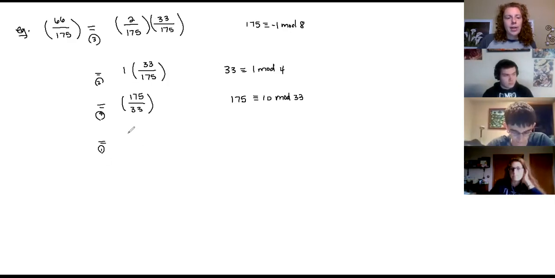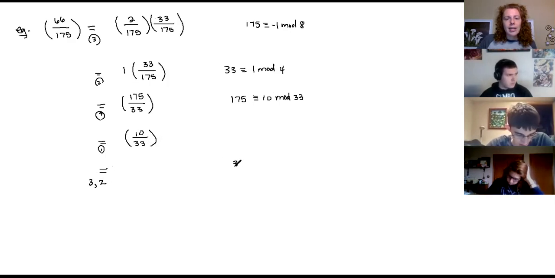So using rule number 1, I can do a mod, and we can say this is the Jacobi symbol of 10 over 33. Got an even number, so I can pull out a 2 now. So let's do this in 2 steps instead of writing it out separately. We can use rule number 3, and we can use rule number 2.